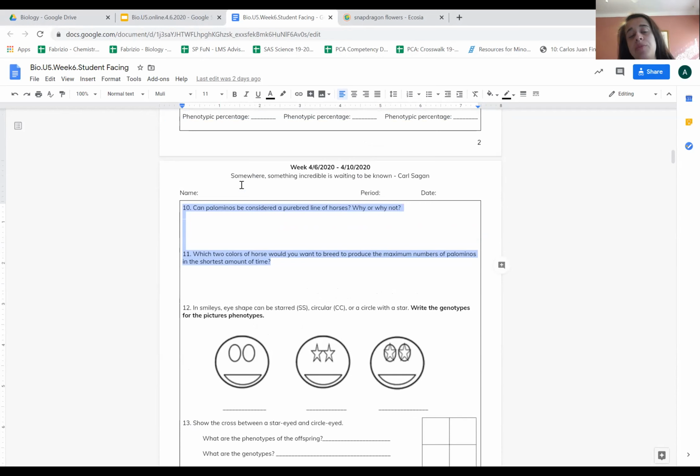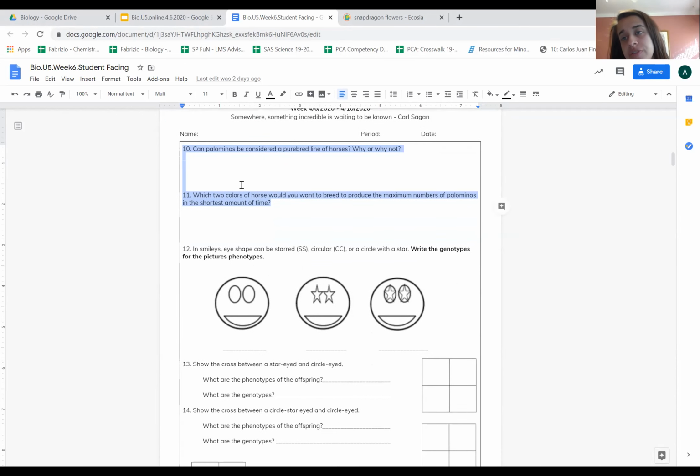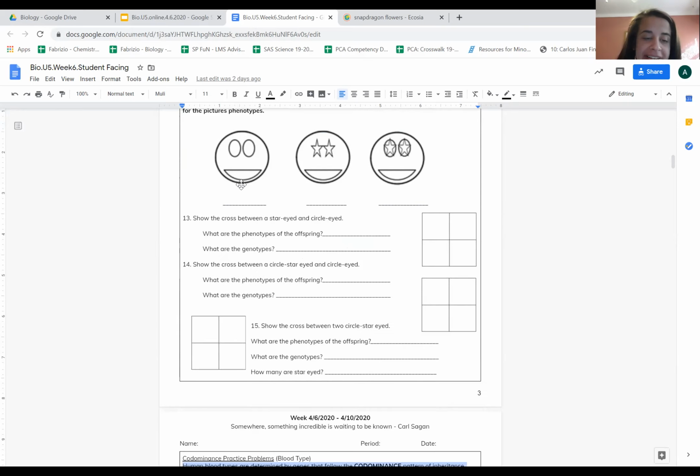And again, we're not going over these today because we're going to go over them in the live classroom, and I'll post the video for that onto YouTube. So pause me now to complete numbers 11 and 10 on page 3 of your packet. Okay, welcome back.